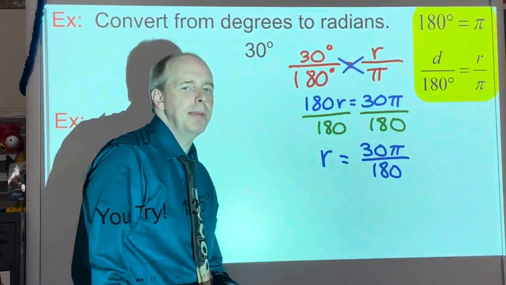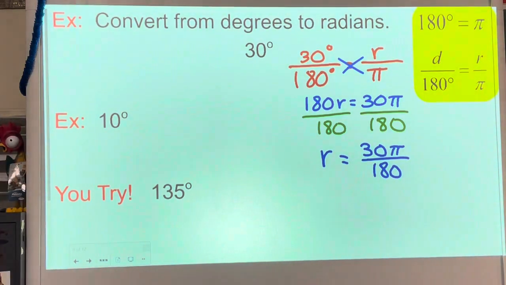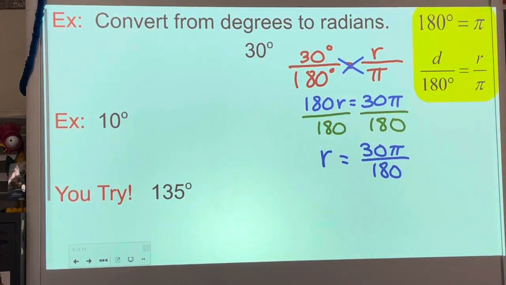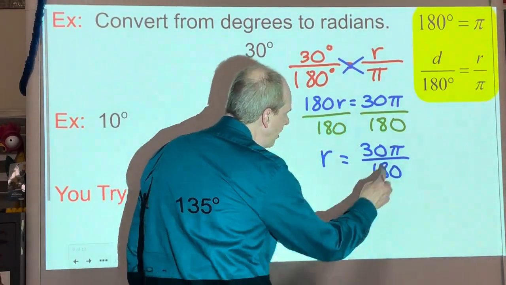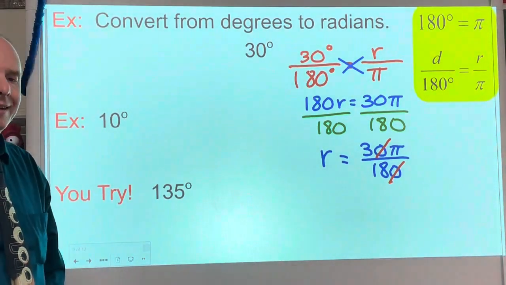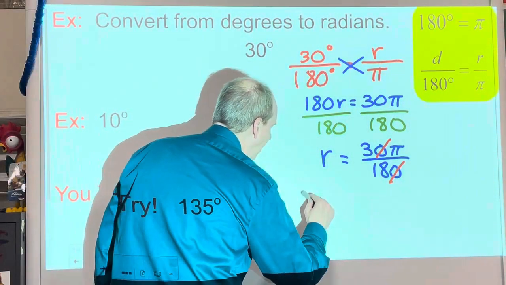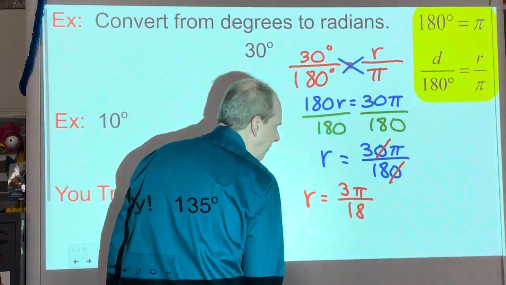And we're going to do a little simplifying and reducing here. We'll do it first without a calculator, then we'll do it with a calculator so that you're good both ways. If numbers both end in 0, you're allowed to cross off the zeros. It's like dividing everything by 10. So now we get r is 3 pi over 18.